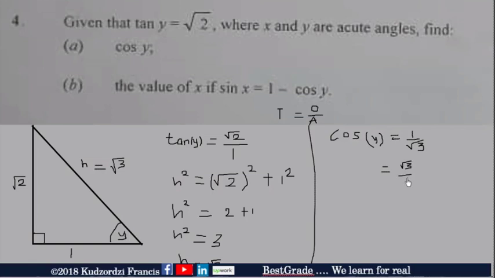Now we are done with the first part of the question. Let us now look at the second part.